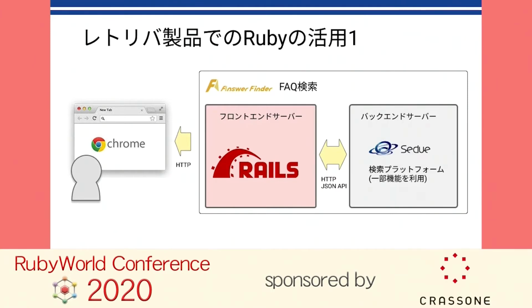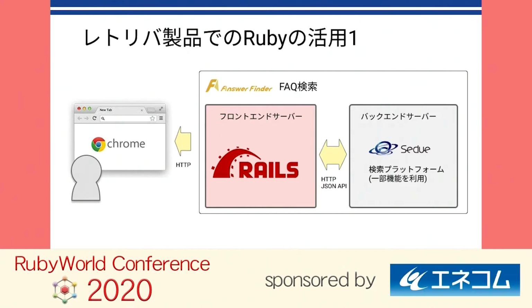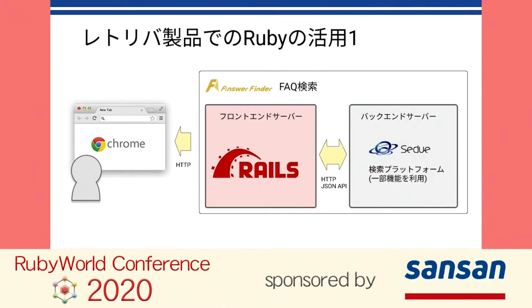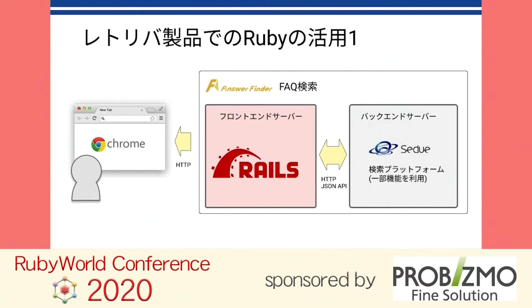Now, how to use Ruby in the products produced by Retriever. This is a FAQ search called Answer Finder, using the Retriever search technology. Based upon the use case of the users, a solution is given to the users. More specifically, it is used for the call center, for instance, and the response to frequently asked questions is searched.